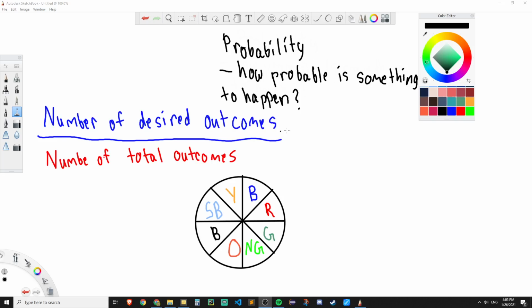So this right here is one of those wheel spin things that you see at the carnivals. And I picked this because there is a probability that one of all of these will get picked.